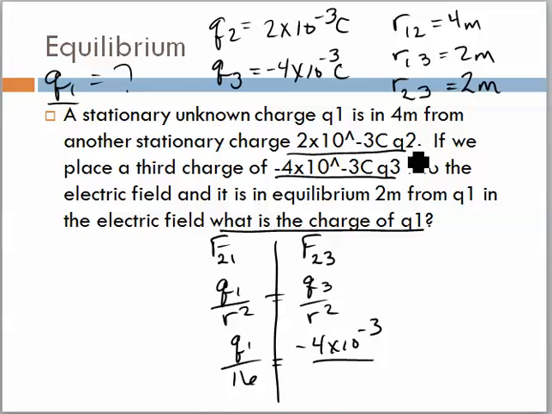The distance between 2 and 3 is 2, so 2 squared is 4. When we cross multiply and solve it like a proportion, and divide and take square roots, you're going to find out that the charge on Q1 is equal to negative 1.6 times 10 to the negative second coulombs.